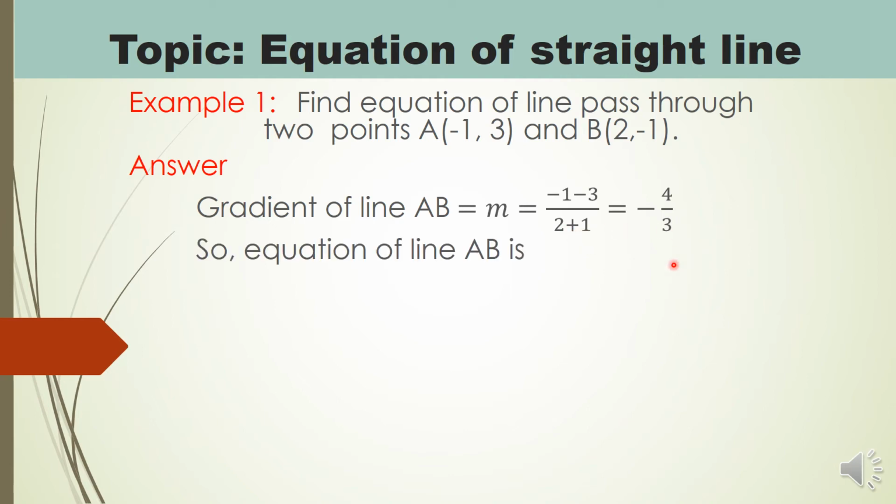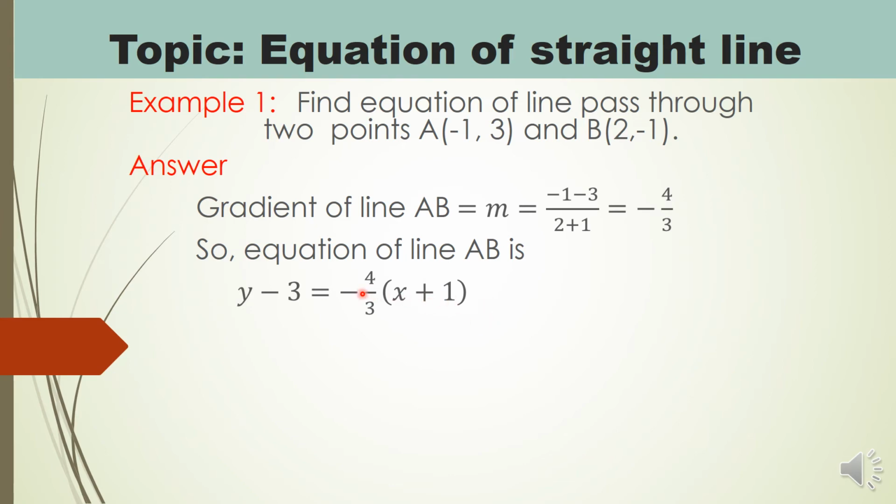If you know the gradient, then you can use the formula for the equation of a line. Just replace into y minus y1 equals m times x minus x1. So y1 is 3, that's why it's here minus 3. And then x minus x1, but x1 is minus 1, so minus times minus becomes plus.